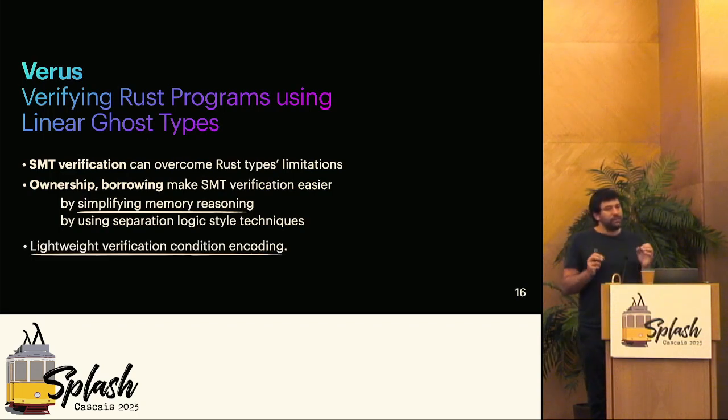In addition to this, Verus focuses on efficient, lightweight verification condition encoding. We want to make sure that Verus is able to scale to very large programs. And for this, we need to make sure that the tool is fast and responds fast, and lightweight encoding is critical for that, alongside the simplified memory reasoning afforded to us by the type system.